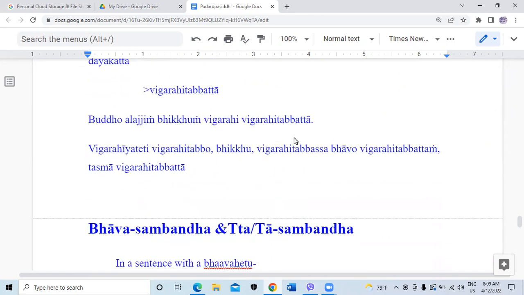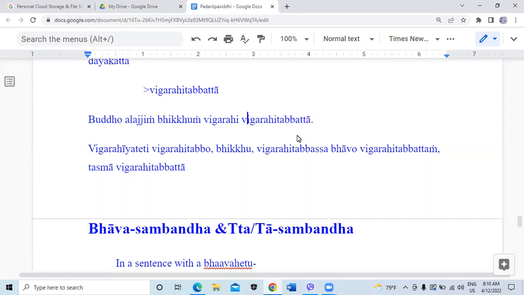Next word, for example, vigrahita pada. This is kita what? Tava surface. This also has a subject and an object. So vigrahita in this case is passive voice. Of course, it has a subject and it has an object also. So vigrahita pada.